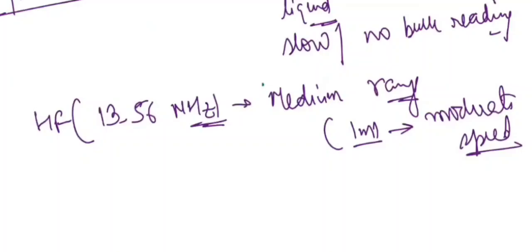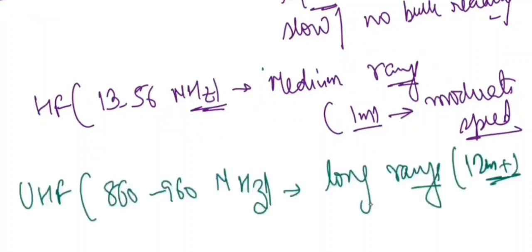UHF means 860 to 960 megahertz. It is long range, up to 12 meter plus, and it is super fast. It supports bulk reading.